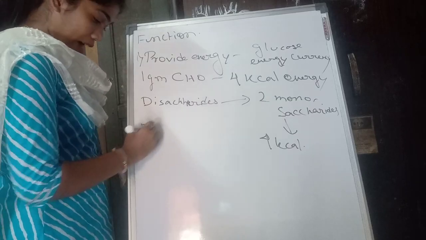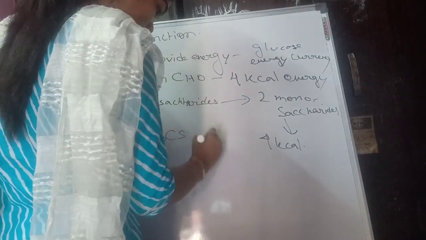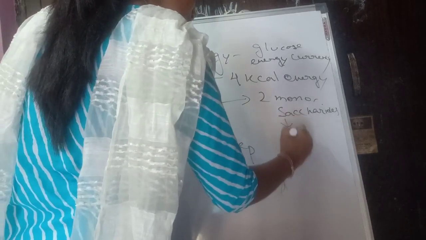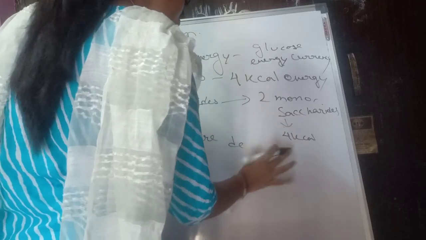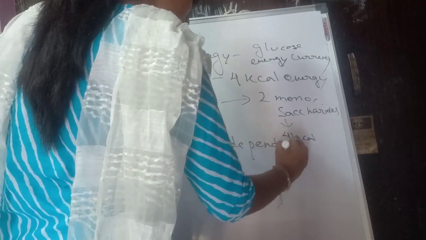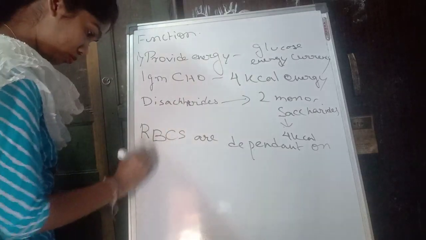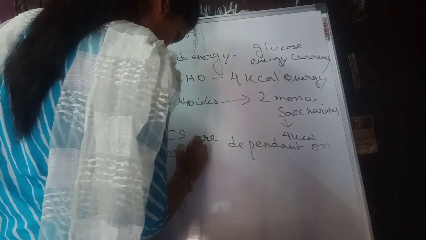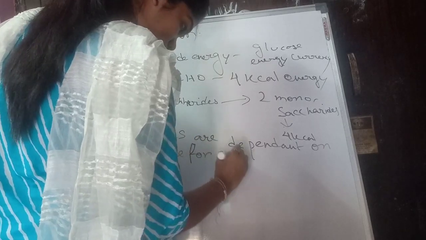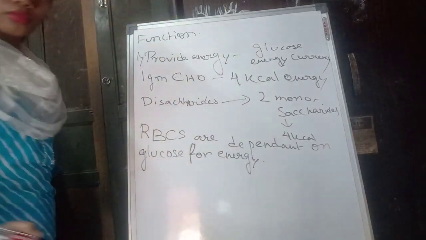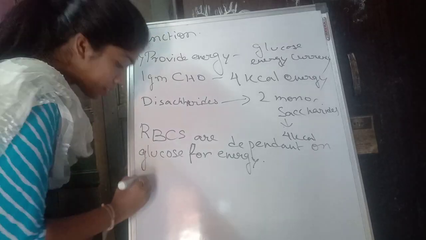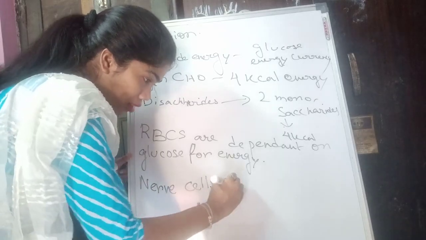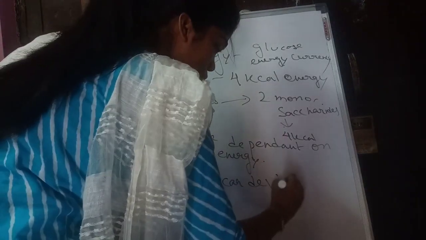Not only that, RBCs are dependent on glucose for energy. Our nerve cells can derive energy from glucose only.